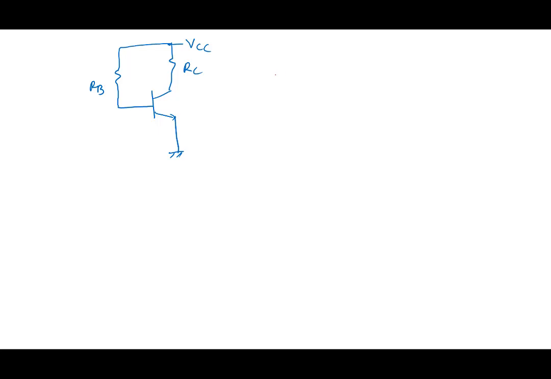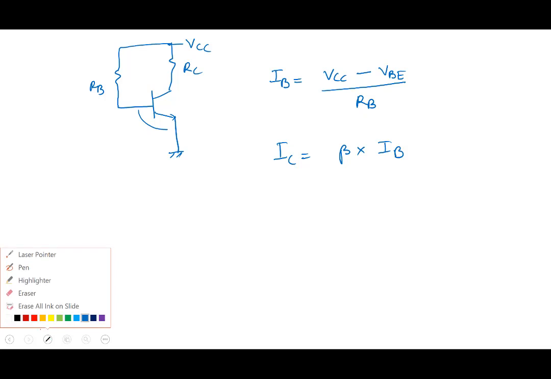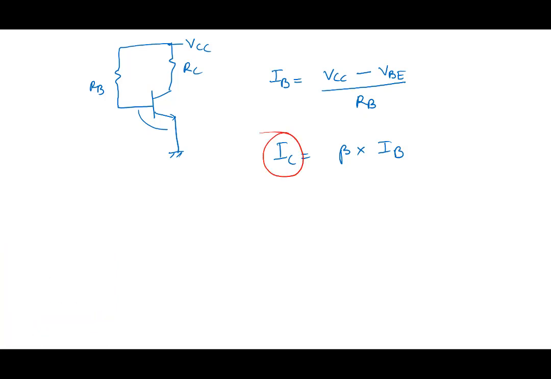So, as you all know, IB equals VCC minus the base emitter voltage, let me write it as VBE, the diode voltage, divided by RB, and IC is beta times IB. So we are interested in this IC. What can cause my IC to change?